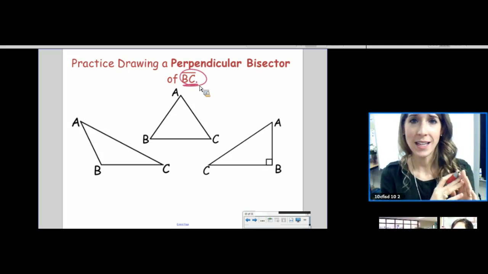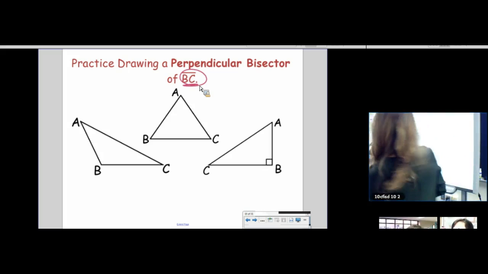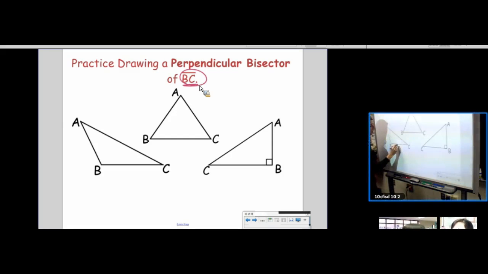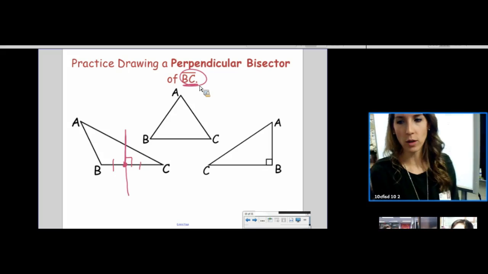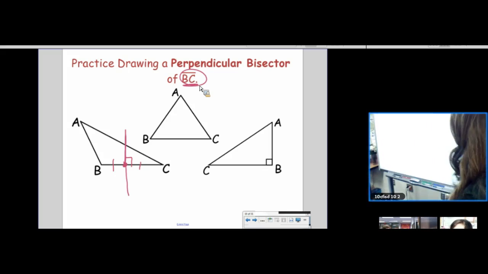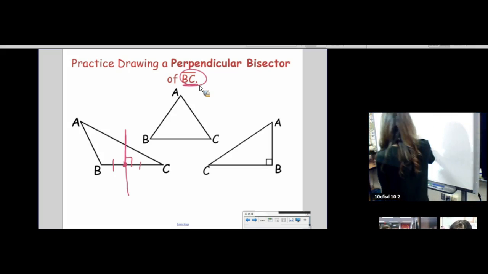I'm not going to find it exactly. I'm just going to eyeball it. So to be a perpendicular bisector, you would need to go through a midpoint. And could I do that? No. To be perpendicular, I would need to try to go as straight as I could, perpendicular to BC, as vertical as I could. So that's what it would look like on our obtuse triangle.